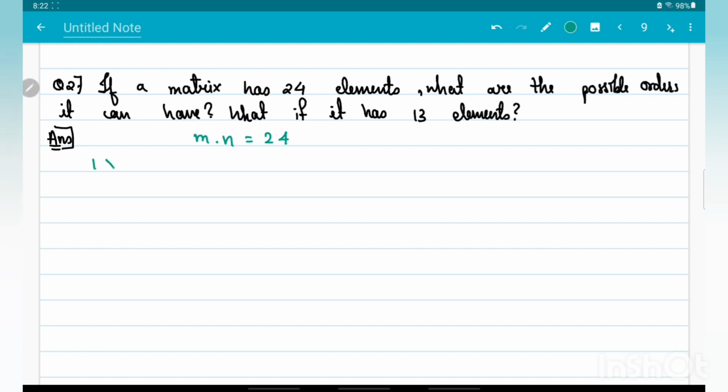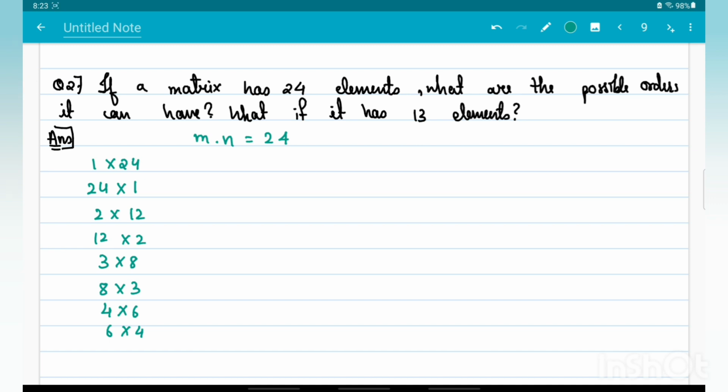Like 24 can be written as 1 into 24. It can be written as 24 into 1, 2 into 12, 12 into 2, then 3 into 8, 8 into 3, 4 into 6 and 6 into 4. So these are the possible factors of 24.